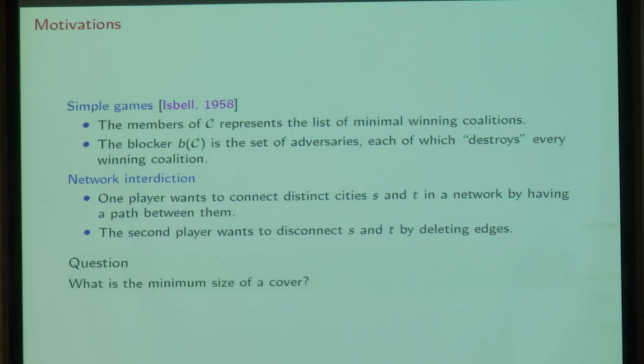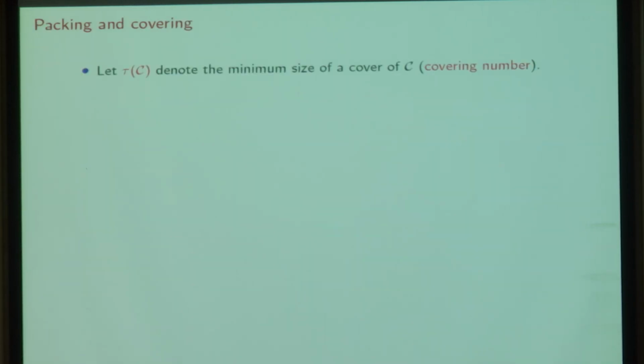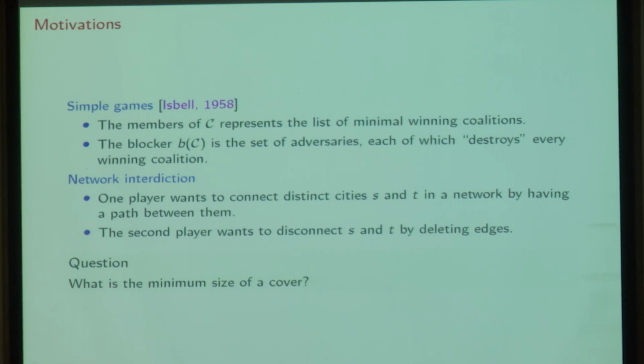So the question is, what is the minimum size of a cover? For the second player, it needs to find the minimum number of edges, or arcs, to destroy the network connection. So we do care about the minimum size of a cover throughout this talk.